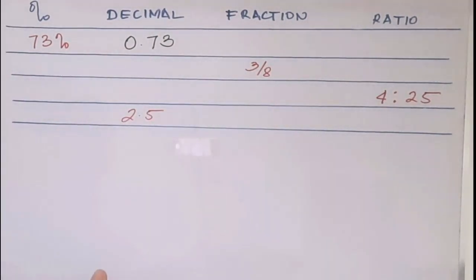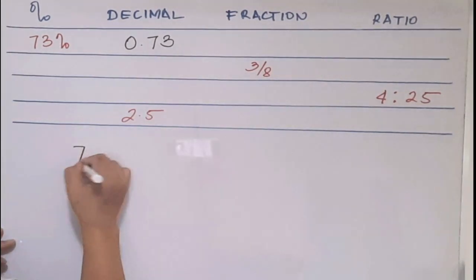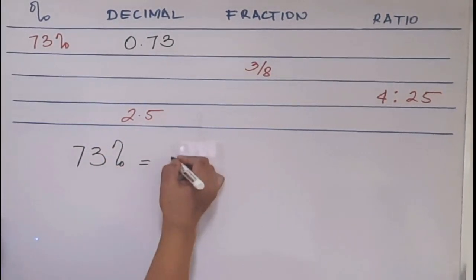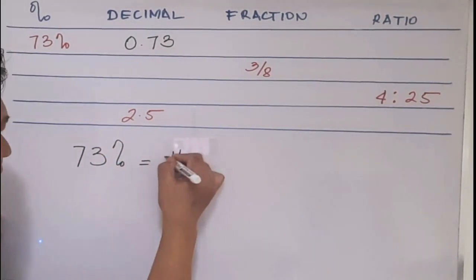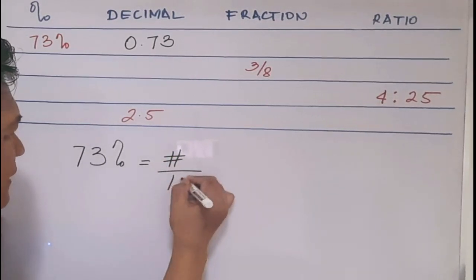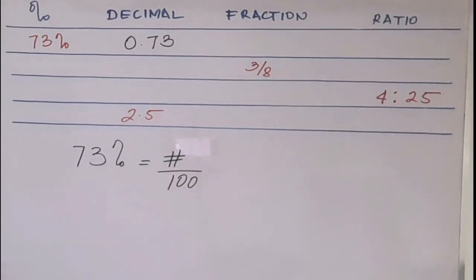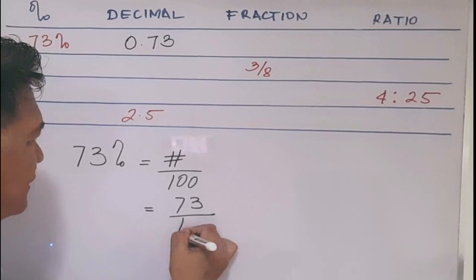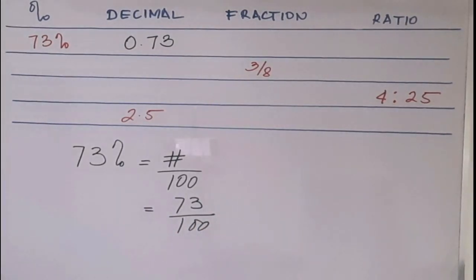Now, we convert this 73% into a fraction. Based on our definition, percentage is a number per 100. So 73% converted to a fraction is 73 over 100.